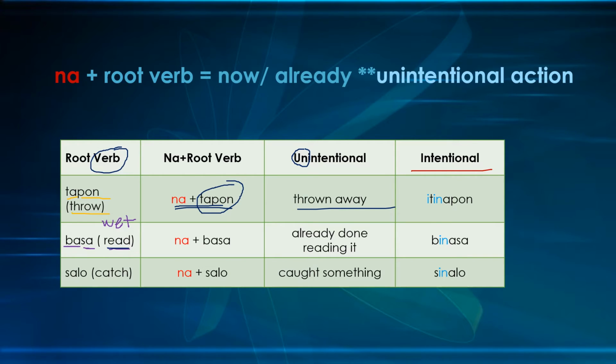But for the read version, which is a verb, we have nabasa. And it means already done reading it unintentionally. So it's just like you've read it before and it is not your intention to read it this time. It's just that, yeah, you've read it.